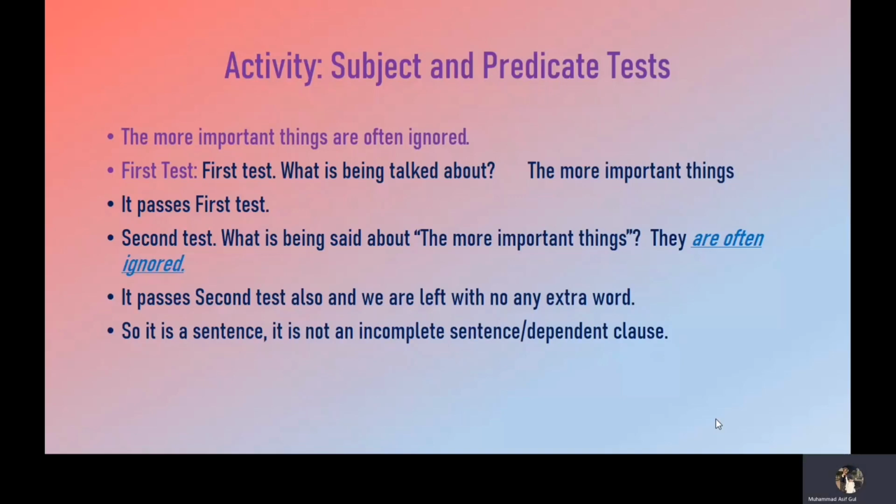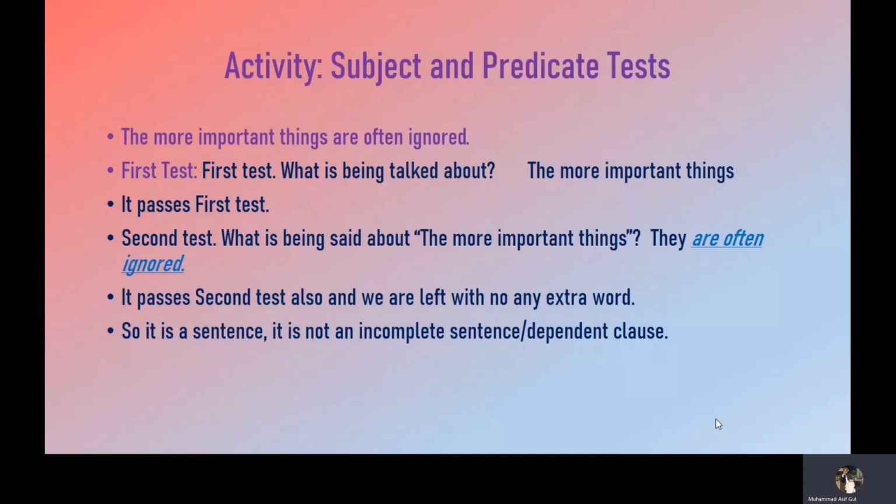When we are not left with any extra word after application of this test, then it means that the title under discussion is a complete sentence. It is not a dependent clause, it is not an incomplete sentence, and it is not a subordinate clause.